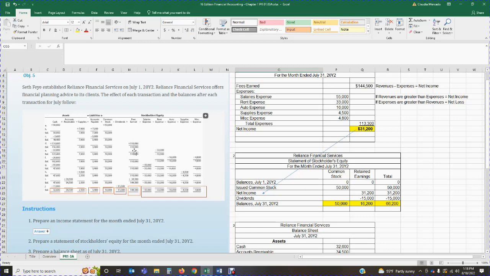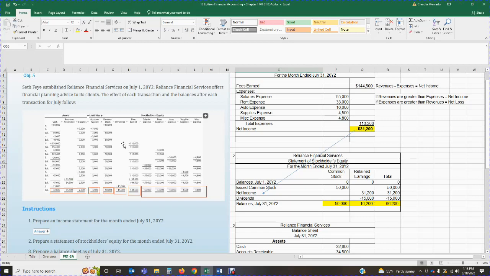If we continue going down, we see that we charged fees of $34,500, but cash was not affected. Why? Because we didn't get paid. These people owe us money. So this is not going to be included because in the statement of cash flows, we only include transactions that affect either cash being received or cash being paid.